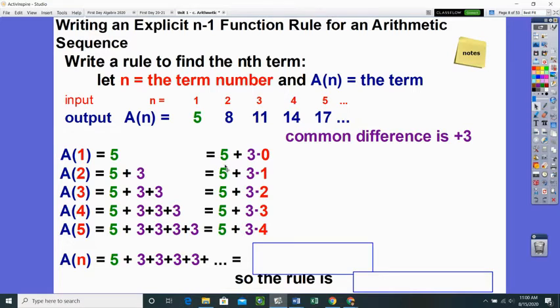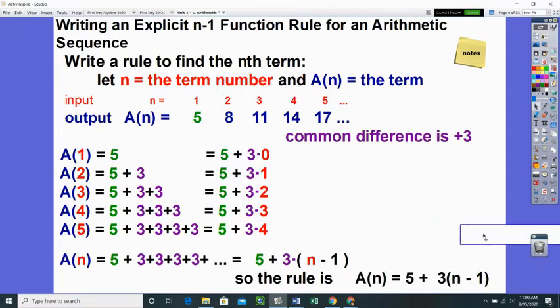So we're always starting with the first term, adding 3 times 1 less than whatever n was. So here's our rule. This is called the n-1 rule. You take the first term, add the common difference times n-1, and that is our function rule for this sequence.